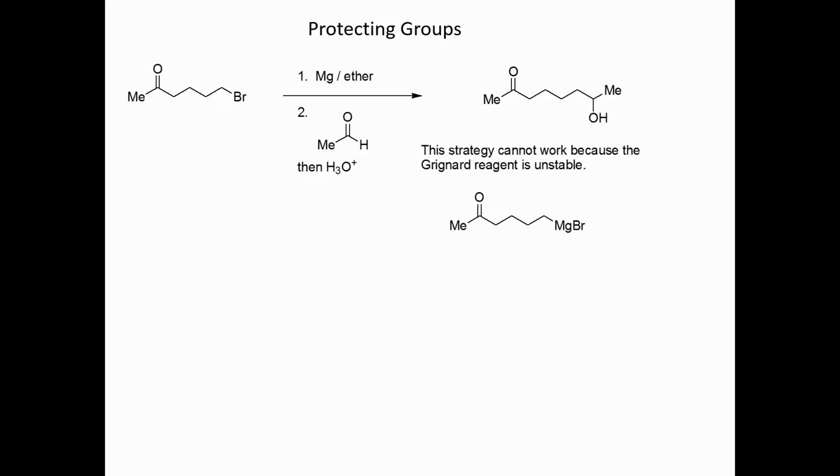So look at the transformation here at the top. Most of us understand probably that this could not work. The first step is designed to produce this compound, and this compound could not be stable.